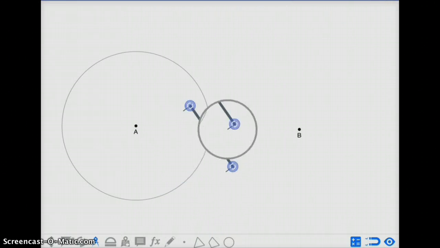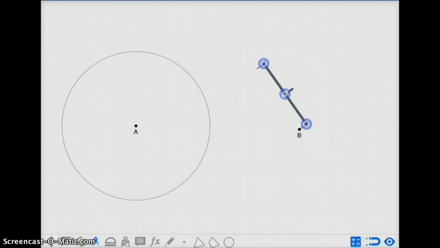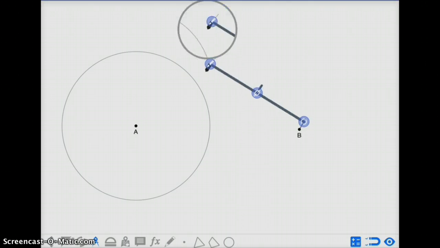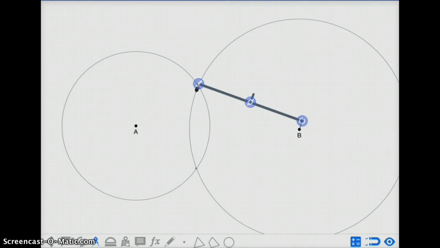And then move over to B, and if I change the length of my compass and go to mark it out, my two circles will intersect in places. These circles have different radii, so the distances from the centers to those contact points of the circles will be different sizes.